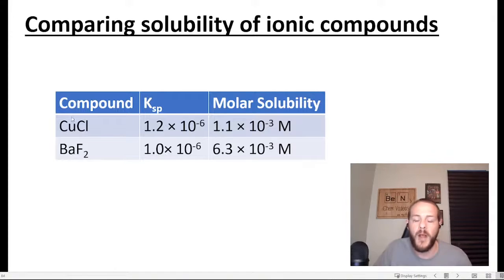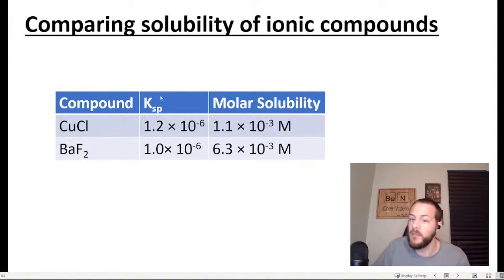For copper 1 chloride, the Ksp value is 1.2 times 10 to the minus 6. For barium fluoride, it's 1.0 times 10 to the minus 6. And so you might say, okay, copper 1 chloride has a larger Ksp value than barium fluoride, so that must mean that copper 1 chloride is more soluble, it has a higher solubility. But that is actually false.